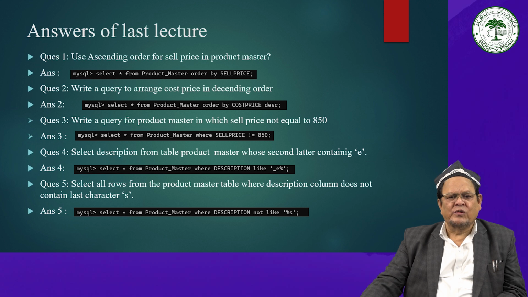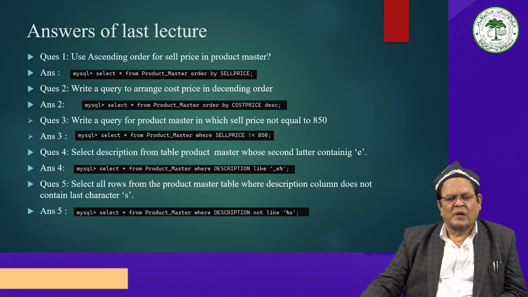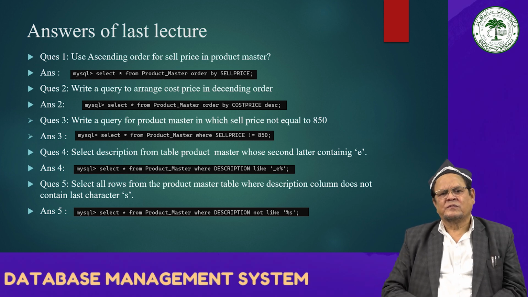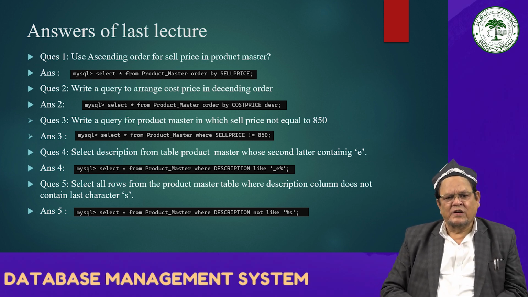Before going to today's agenda, I would like to answer the questions which I gave you in the previous class. The first question was, use ascending order for all sale price in the product master.